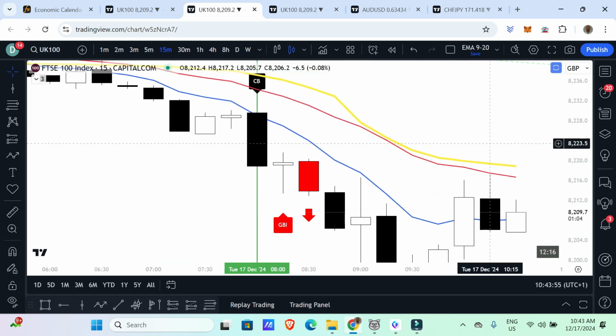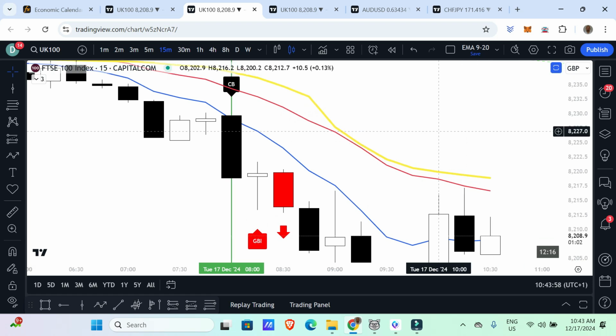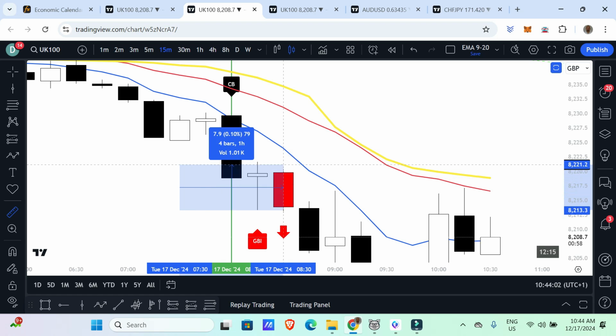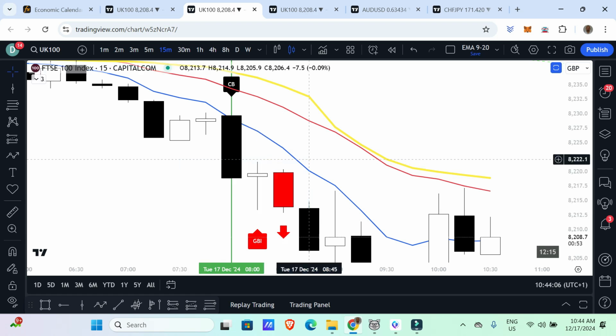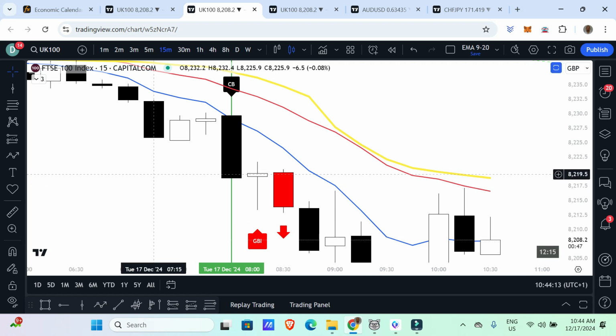Let me show you. So in this case, because we are trading the UK 100 and the points here are not so big, we can see here, these are 8.8 points, right? It's not so much compared to NASDAQ or DAX. We are moving 20, 30 points per candle. And in this case, I will do my entry.